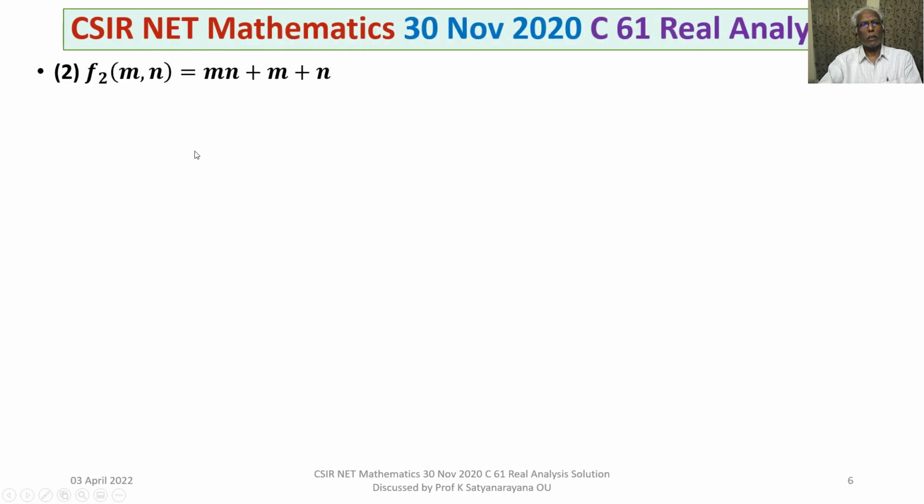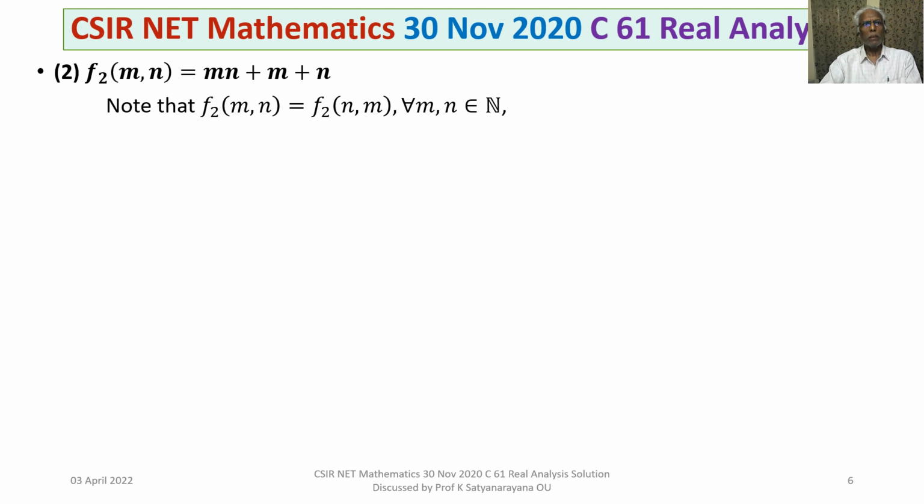Now let's consider option 2. f2 of m comma n is equal to mn plus m plus n. Note that f2 of m comma n is the same as f2 of n comma m for all m, n belonging to the set of natural numbers.